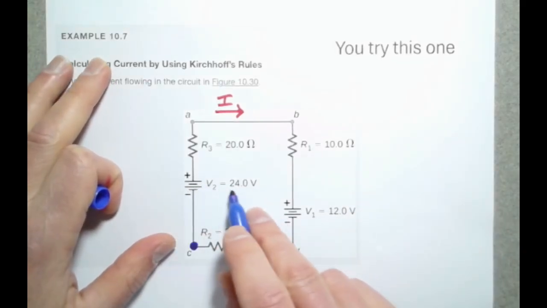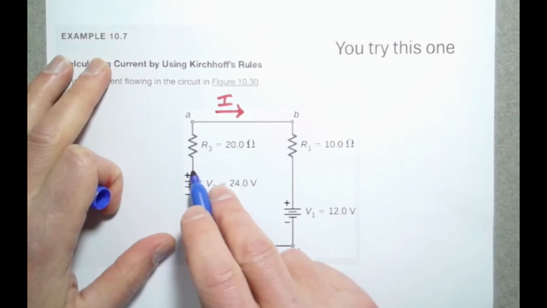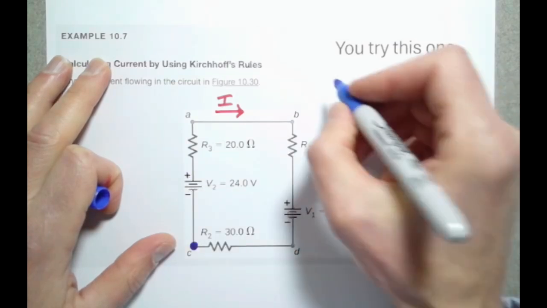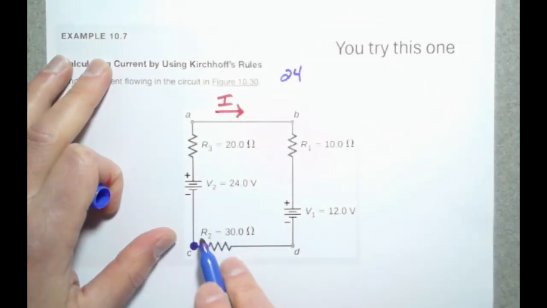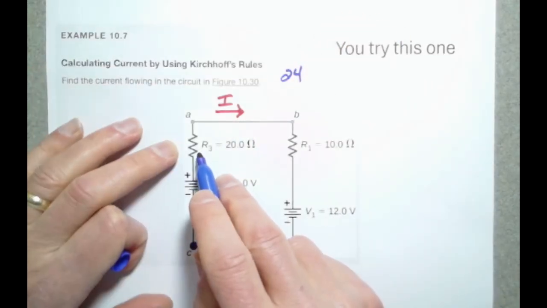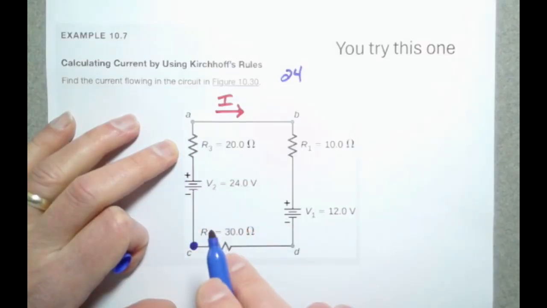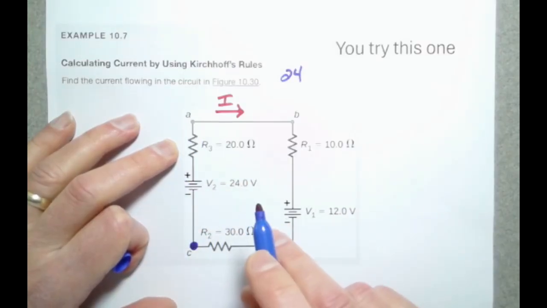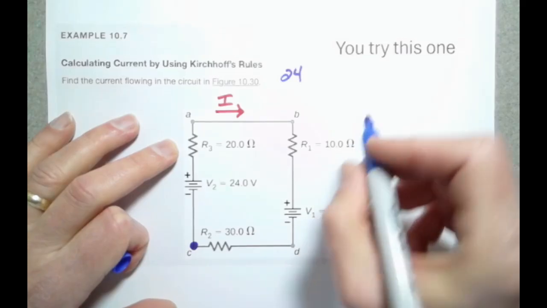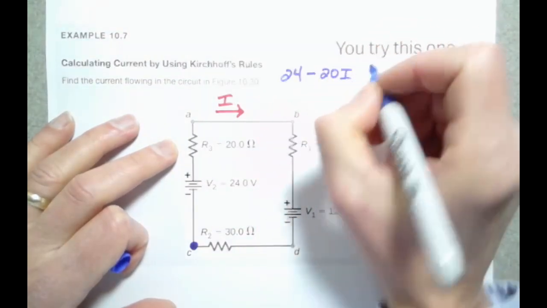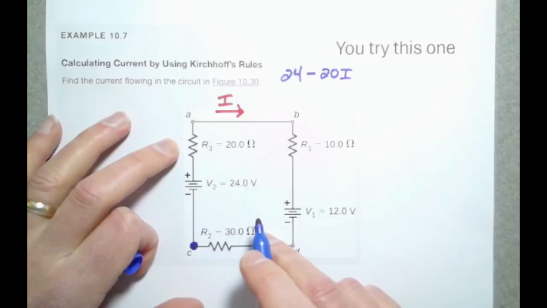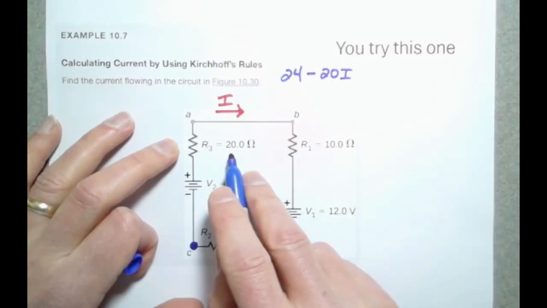Okay, we hit this voltage source, so we're going up 24 volts. So we got 24. And then what happens when we get to this resistor? We go down, because we're going in the direction of the current. We're going down 20I, right? Because this is a resistor, it follows Ohm's law.